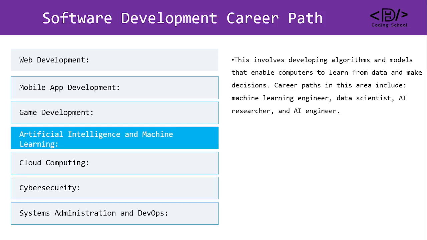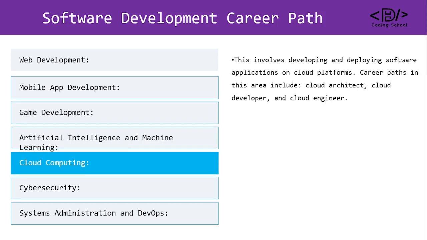So next is cloud computing. Right now you might not be familiar with cloud computing, but everything we are doing is now stored online. We are talking about platforms like AWS, DigitalOcean, Azure, and so many other platforms that help us deploy software on the cloud.